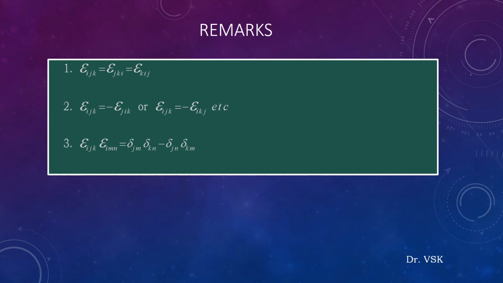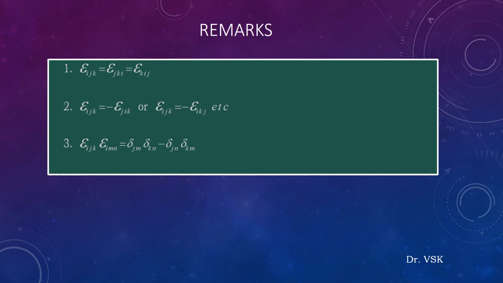The Levi-Civita tensor satisfies a few properties. The first property is epsilon ijk equals epsilon jki equals epsilon kij. We followed the clockwise rotation by taking i, j, k on a circle in this property. Our next property is epsilon ijk equals minus epsilon jik.